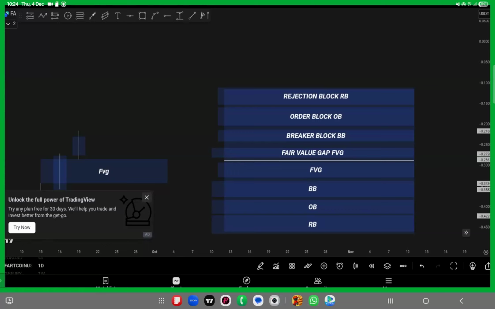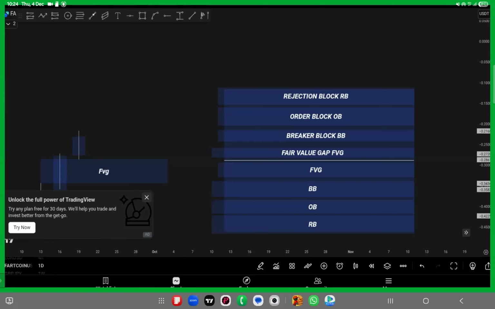If you notice, out of all my explanation of the components of market mechanics, it's only the order block that has a well-defined SMC explanation. The rest of them will not give you this particular information you're looking for.